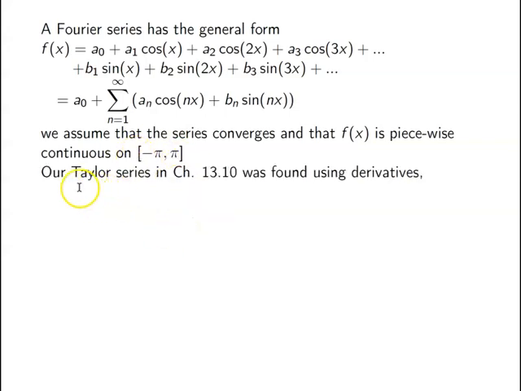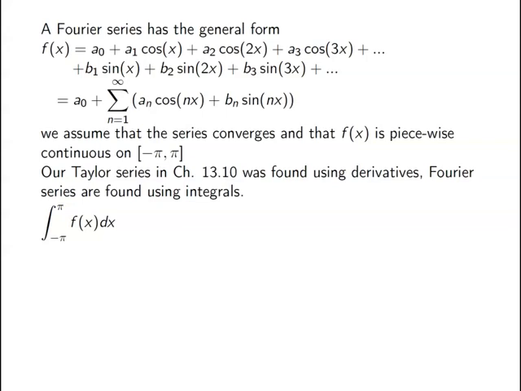Our Taylor series that we went over in chapter 10, we found by looking at derivatives. Fourier series are found by using integrals. So we have the integral from negative pi to pi of my function equal to integrating this entire series from negative pi to pi, right?